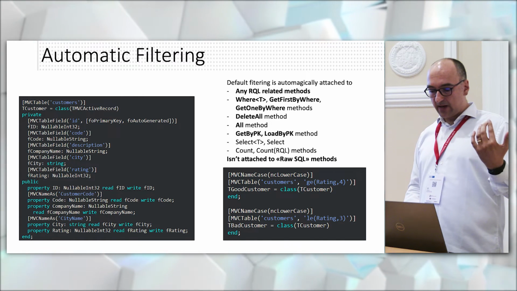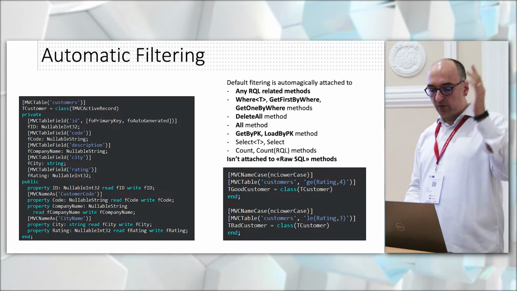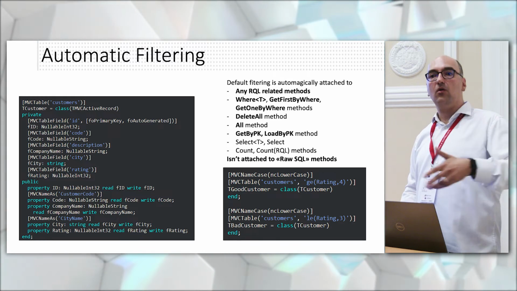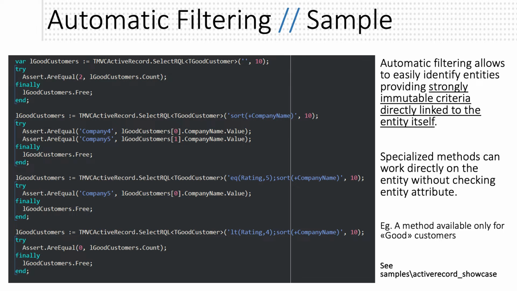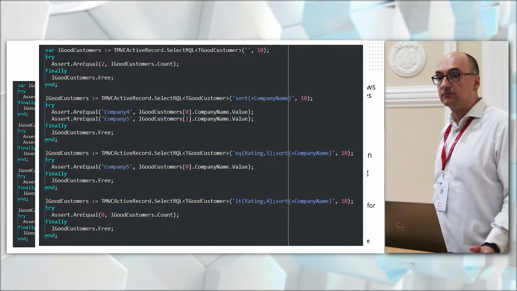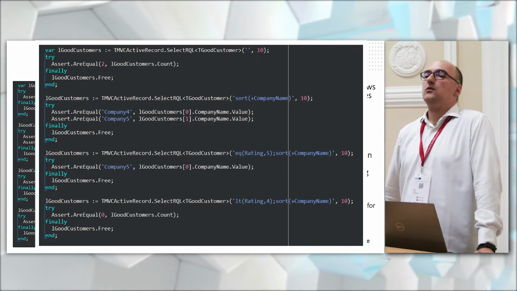So, where generic, get first by where, get one by where, delete all, and so on. This is a sample. We don't have too much time to show everything, so I just show this one. Let me check all the good customers.